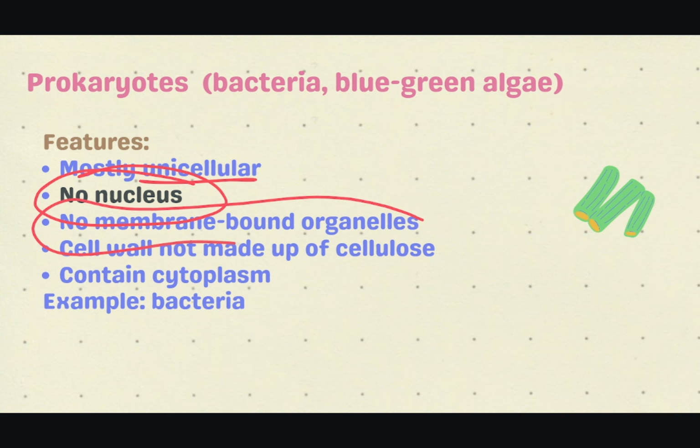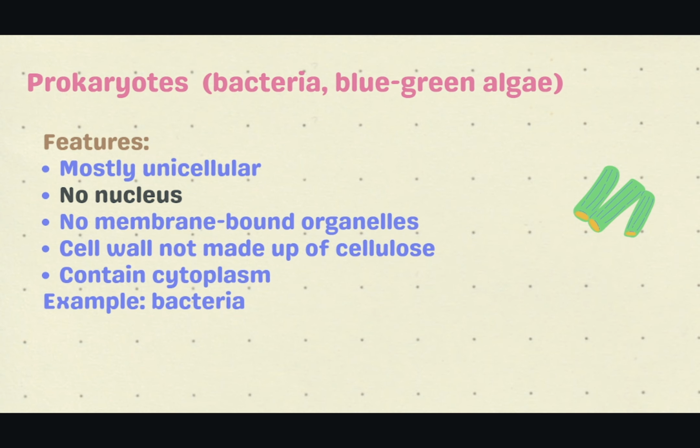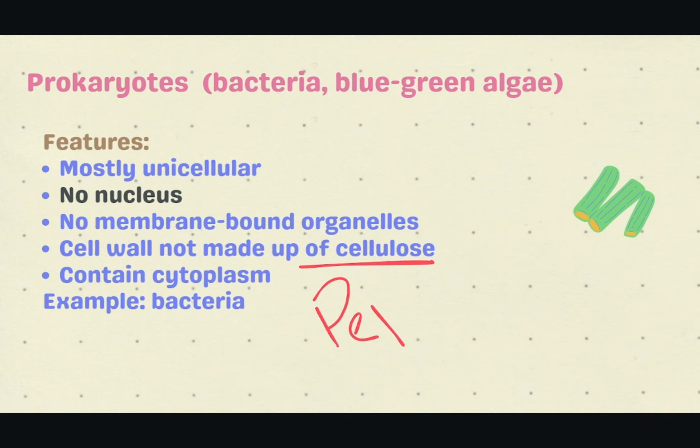And if you remember there's no nucleus, then you also automatically remember the third point, that there are no membrane bound organelles. And another thing, they have a cell wall just like plants, just like fungi, but their cell wall is not made up of cellulose, not made up of chitin, rather it is made up of something known as peptidoglycan.